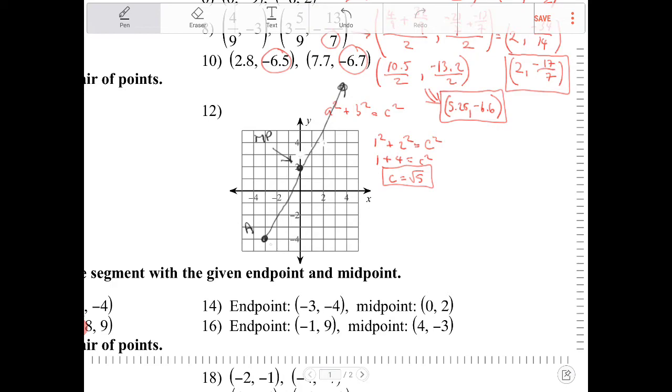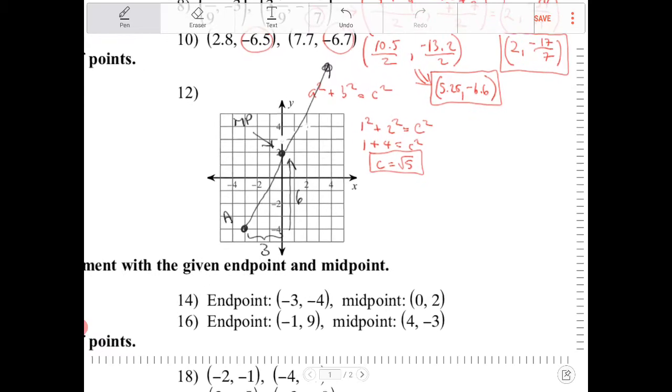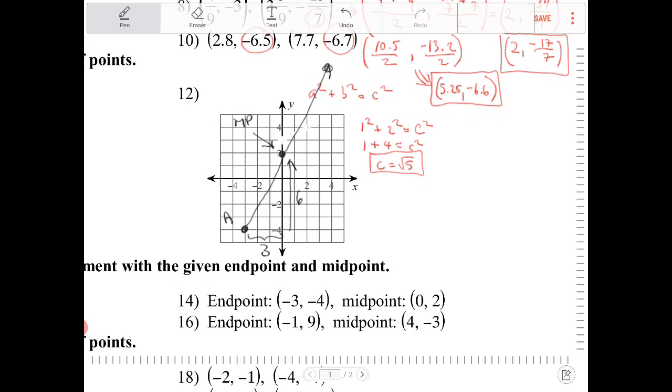So if you think about this, right, you're moving over 3, and then you're going up how much? So going 2, 4, 6, you're going up 6. So that means from the midpoint, you're going to do the same thing, right? You're going to go 3 over and then up 6. So in other words, the other endpoint is going to be +3 from 0 and +6 from 2.